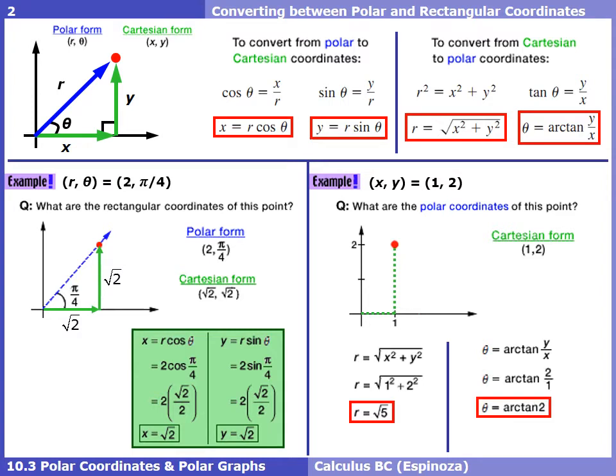Here, the value would be arctan of 2 if we're going to leave it exact. If you need a little easier number to look at, other than arctan 2, that would be equivalent, if you typed it into a calculator, to 1.107 radians. So ultimately, if we wanted to write this point (1, 2) in polar form, we would have to write a radius of square root of 5 and an angle of arctan of 2.